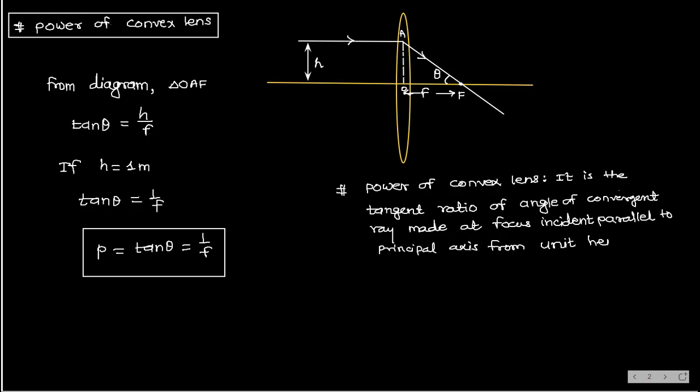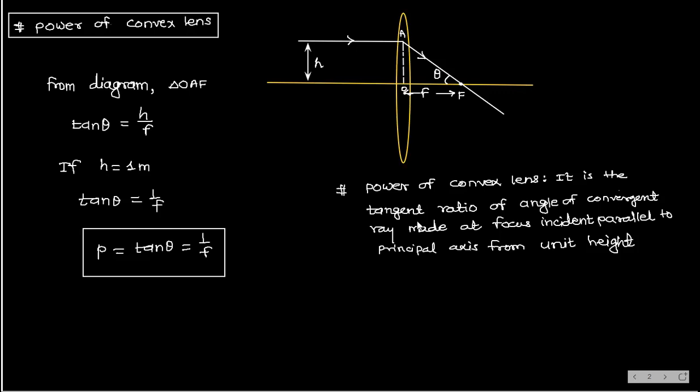Check once, can I write like this? It is the tangent ratio of angle of convergent ray made at focus, incident parallel to principal axis from unit height. Yes, can I write like this? Check once. Yes.